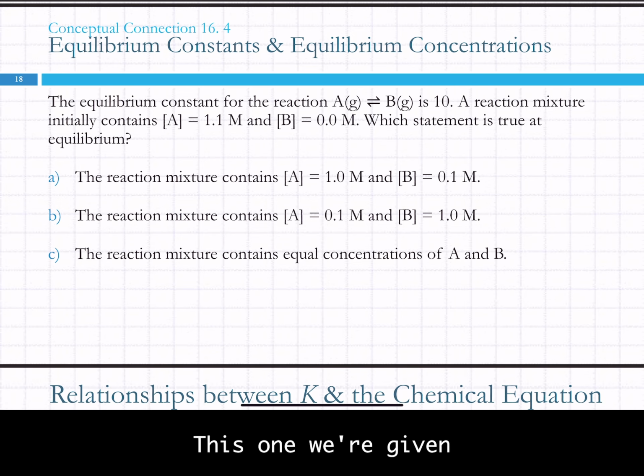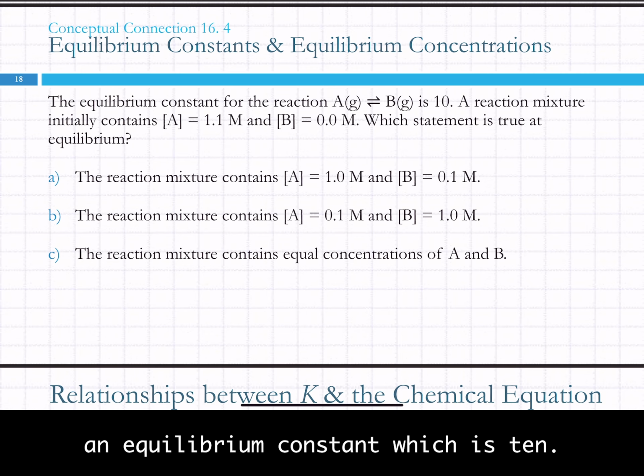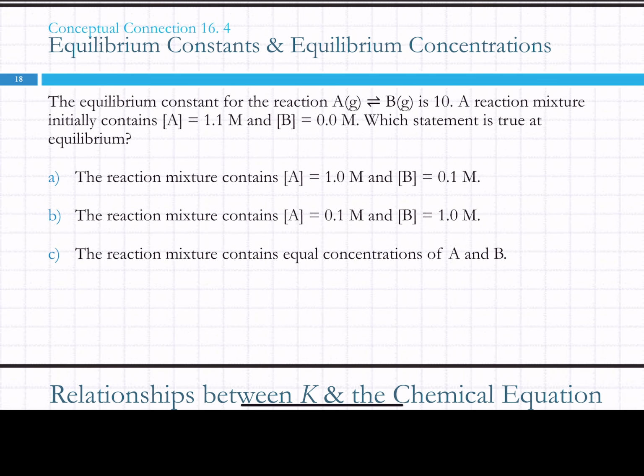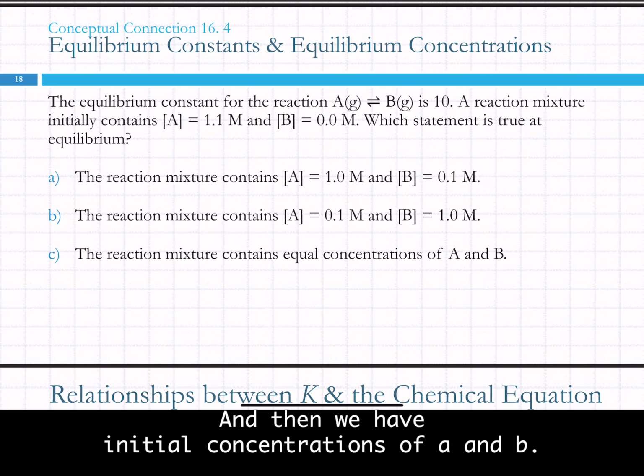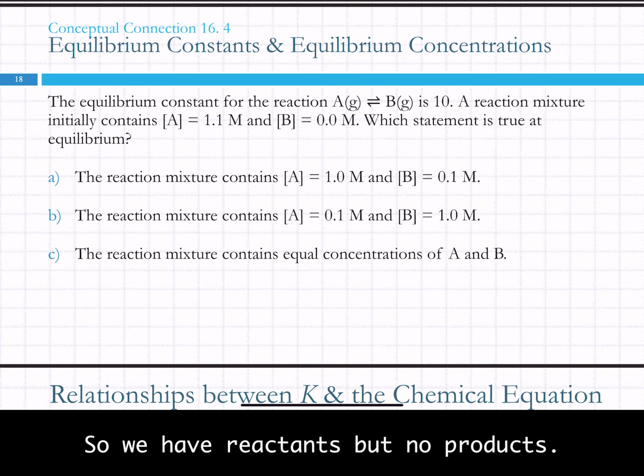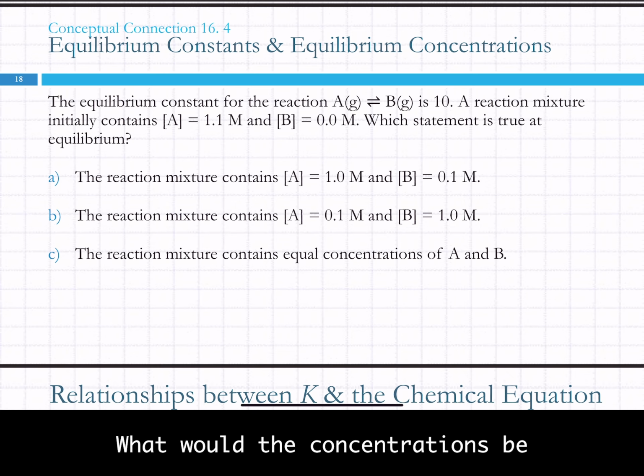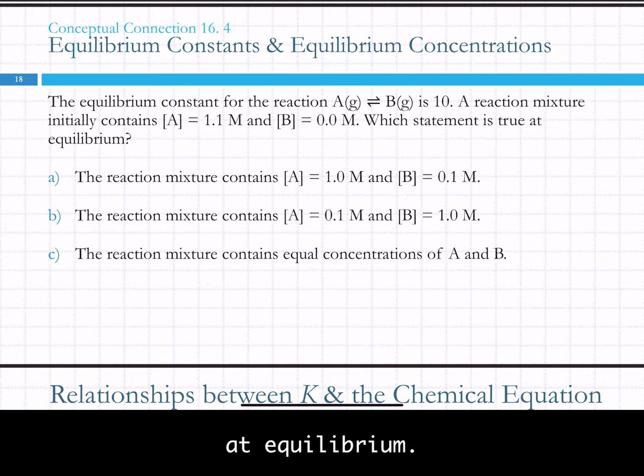In this one, we're given an equilibrium constant, which is 10. And then we have initial concentrations of A and B. So we have reactants, but no products. What would the concentrations be at equilibrium?